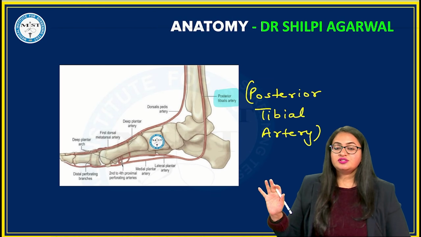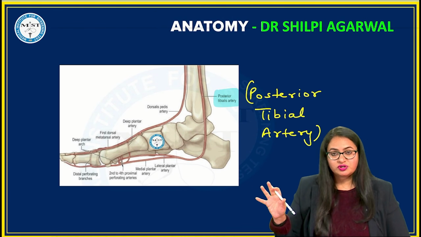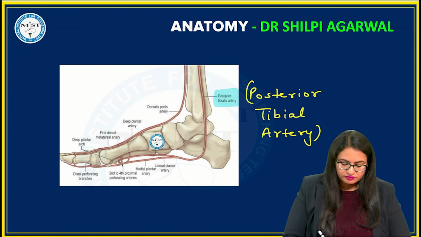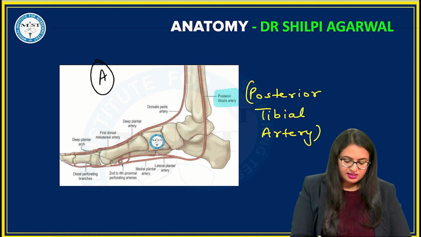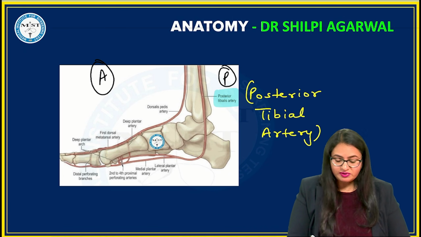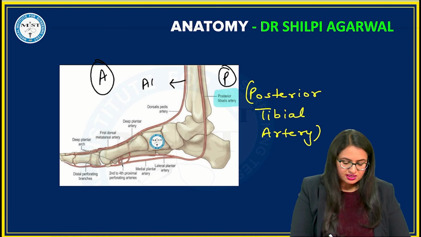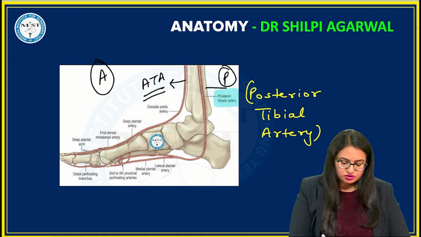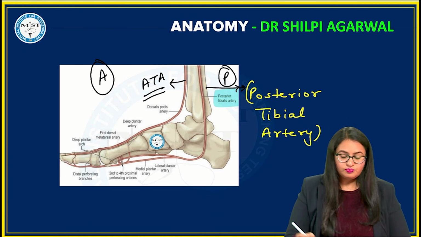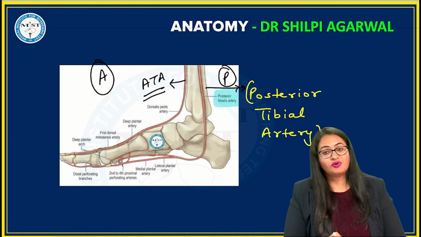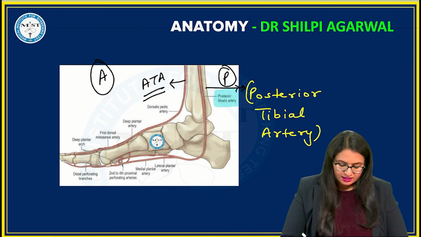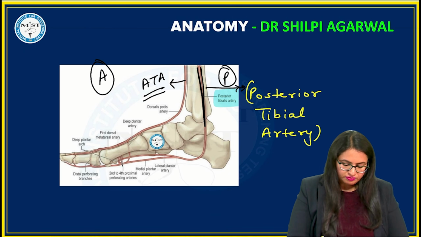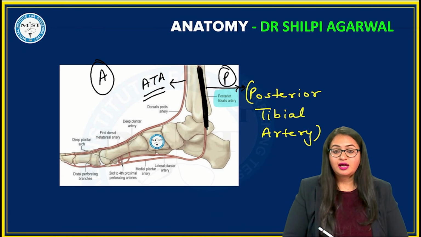In the next image, this is the image which is showing the arteries towards the foot side, and this is a lateral view, anterior side, and this is the posterior side. So we very well know that this artery is the anterior tibial artery, and the artery which is on the posterior side is the posterior tibial artery, which is a very, very important artery. So this artery over here is the posterior tibial artery.